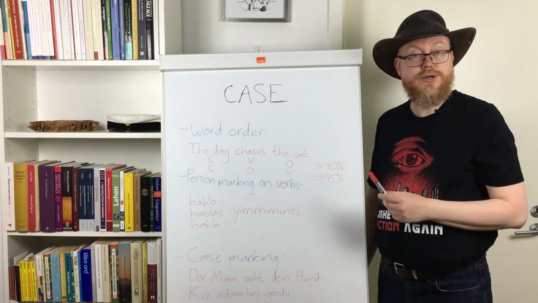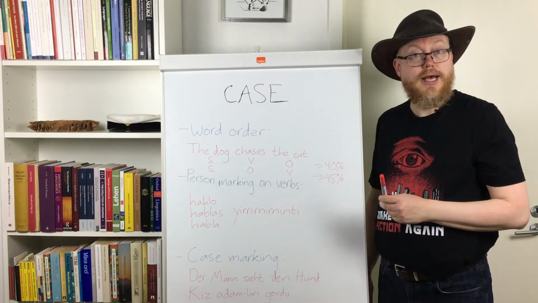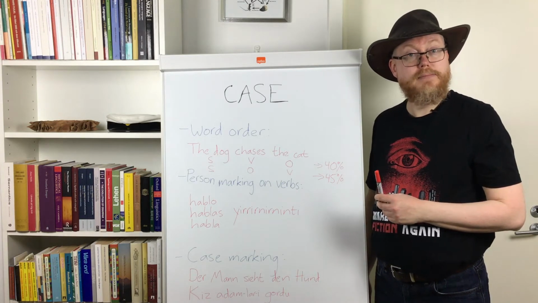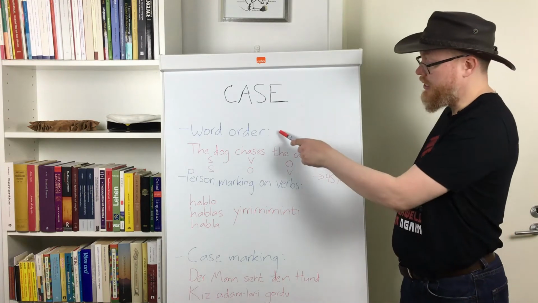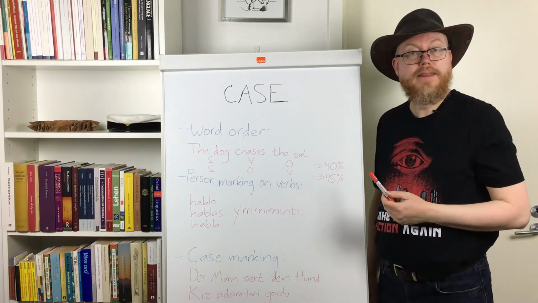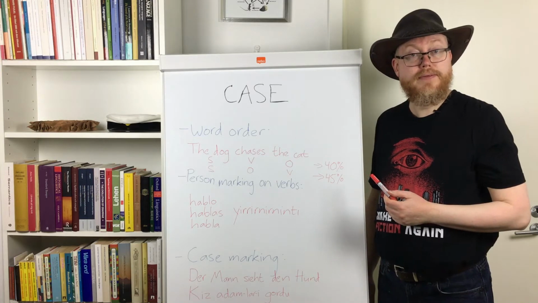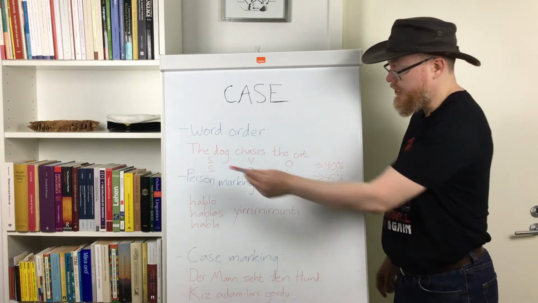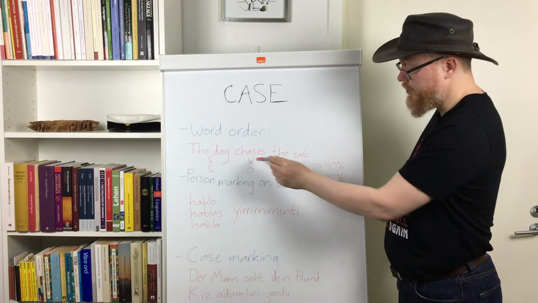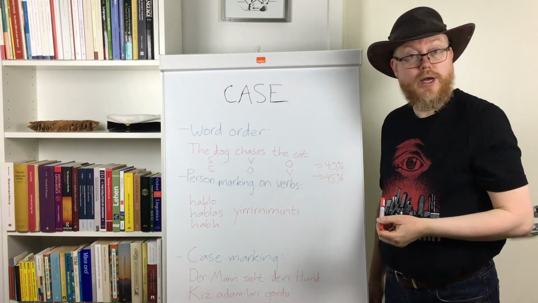Here in Western Europe, where case marking has largely disappeared in many languages, this is the main strategy. English has a very fixed word order. The subject comes before the verb, always.